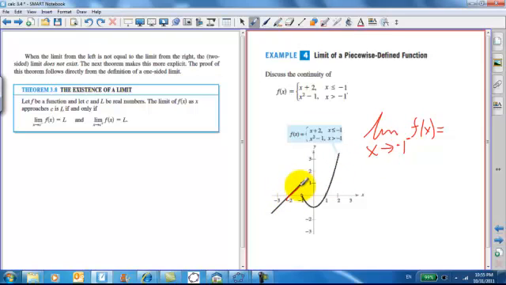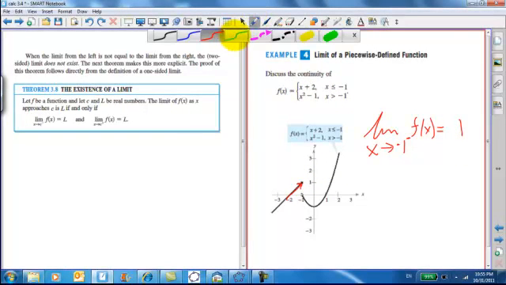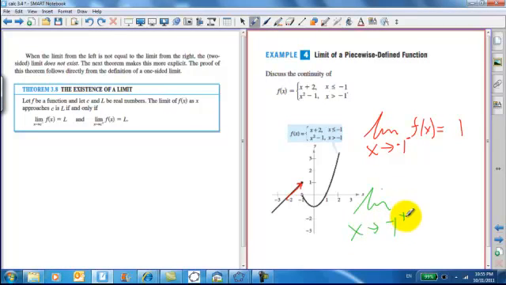We put it into the left formula, and you get 1. But if we look at the limit as x approaches negative 1 from the right of f of x, now we're going to use the formula for points greater than negative 1, so that actually makes 0.